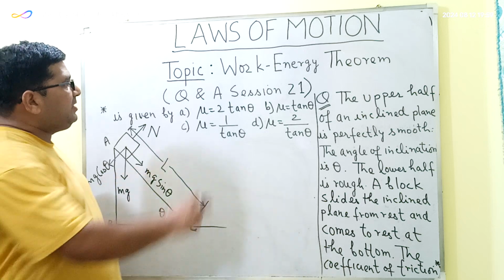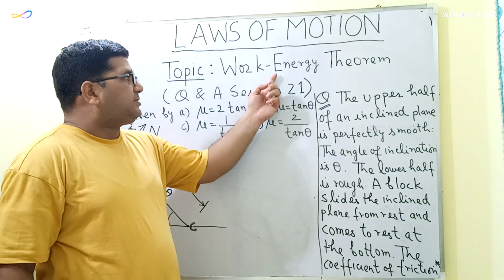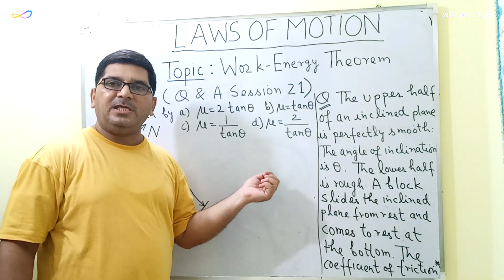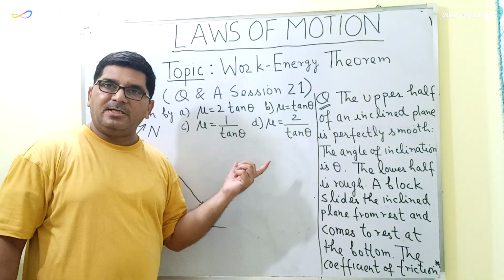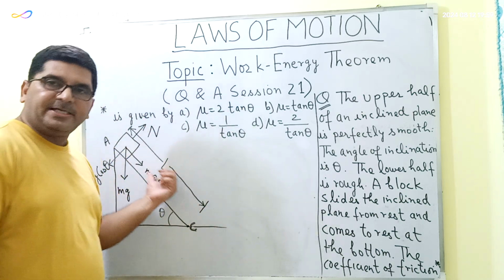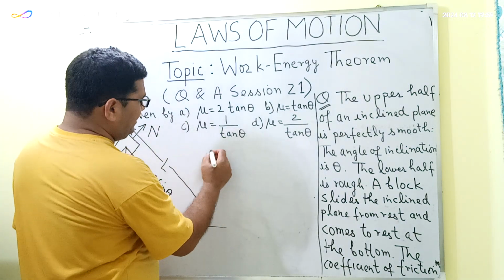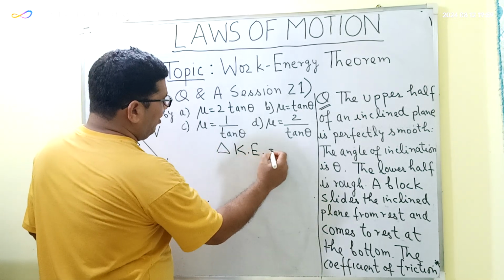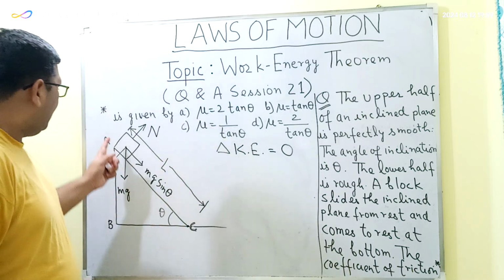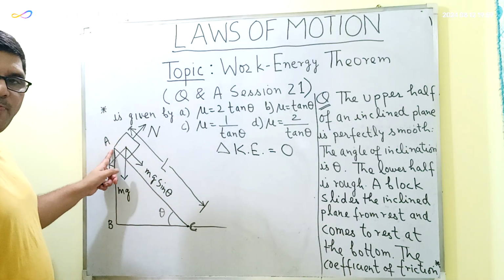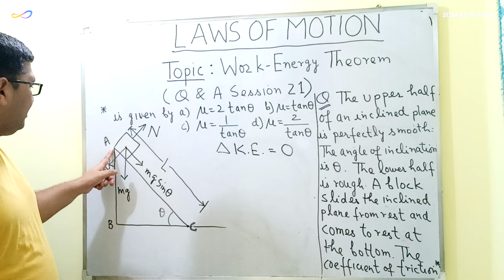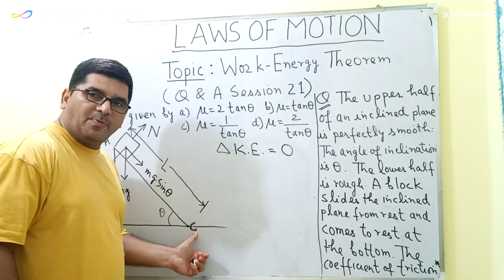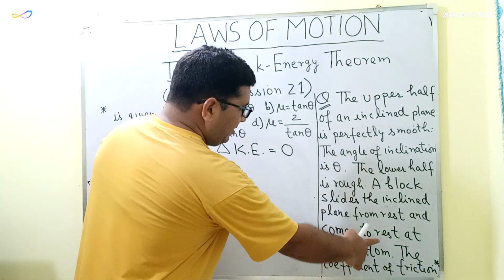As per the work energy theorem, the change in the kinetic energy of a body is equal to the sum of the work done by all the forces which are acting on it. Here the change in the kinetic energy of this block is 0, because initially at the topmost point of this inclined plane it is at rest, and it slides down this inclined plane and comes to rest at the bottommost point.